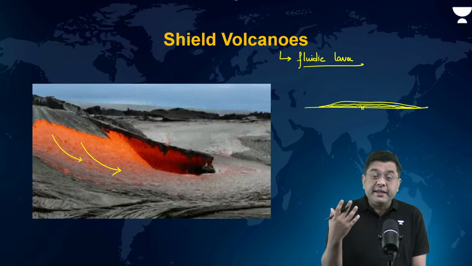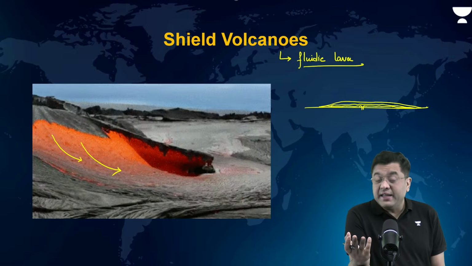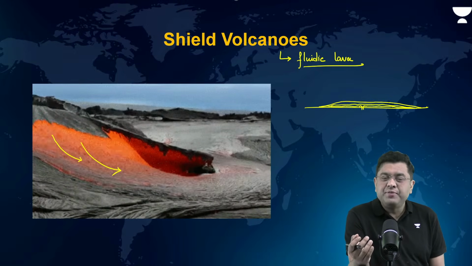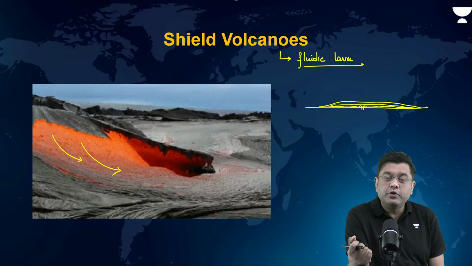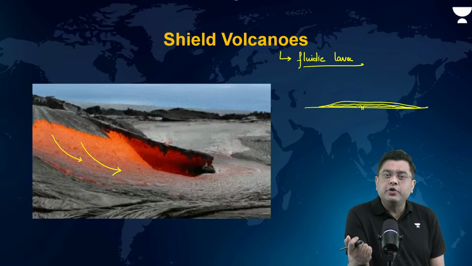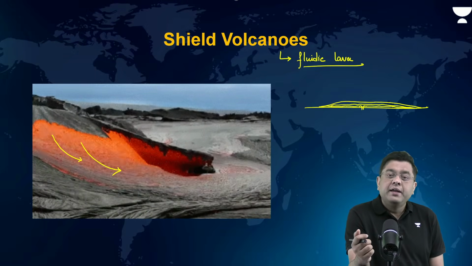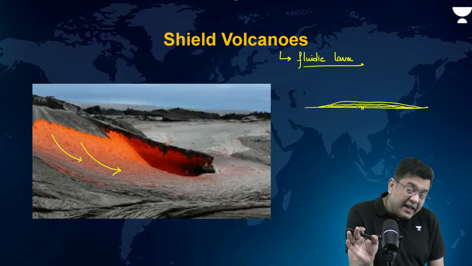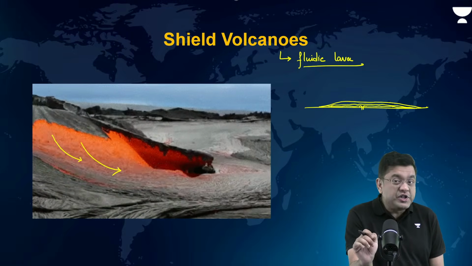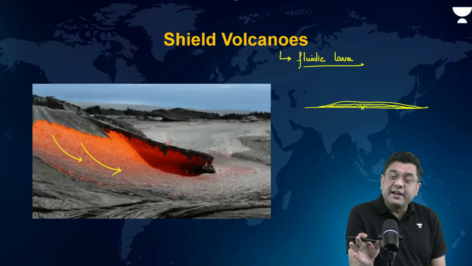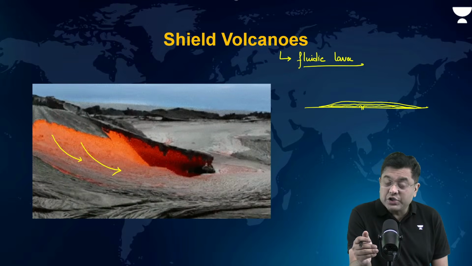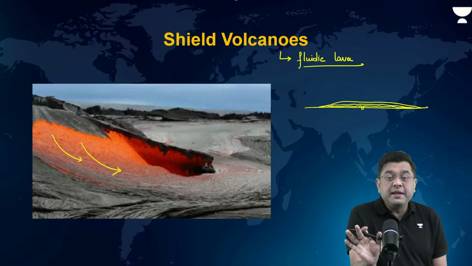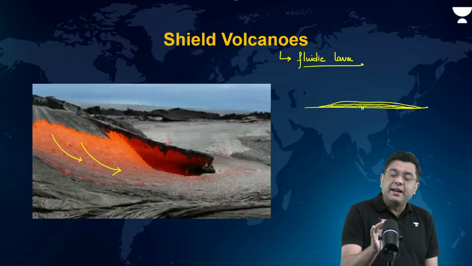Very famously in the area around Hawaiian Islands, there you have Mauna Loa, Mauna Kea. These are your shield volcanoes, some of the largest shield volcanoes across the planet right now. Even when we talk about the Deccan traps in our country, present in Maharashtra, Karnataka, in all these areas, they have been created as a result of this kind of fluidic lava.